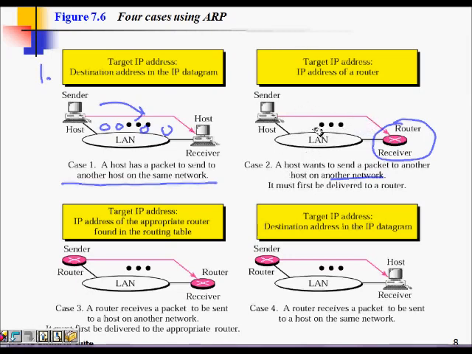So again I will send a broadcast ARP request, and this router will send a unicast ARP reply. Broadcast is to everyone, unicast is to just a single user. Then the next one: now there is a LAN in between, so a router receives a packet to be sent to a host on another network.